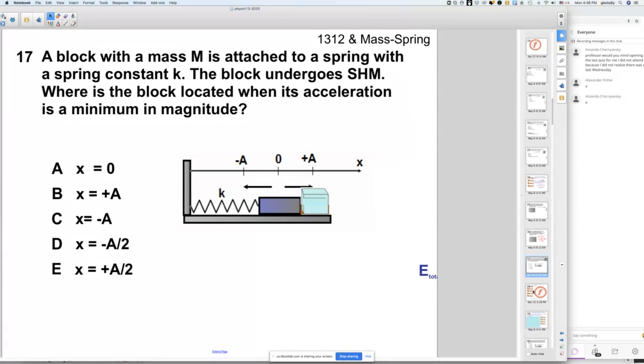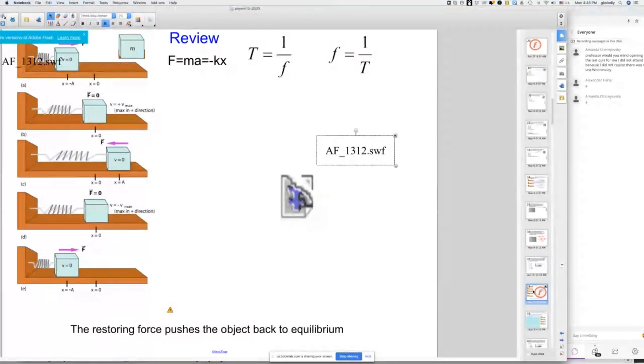In fact, I'll give you a picture. Here's F. Here's F. Here's F. So when is the force a minimum?